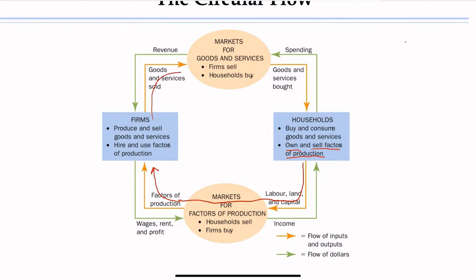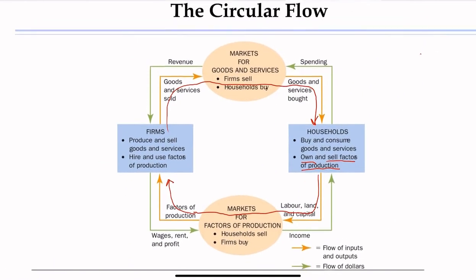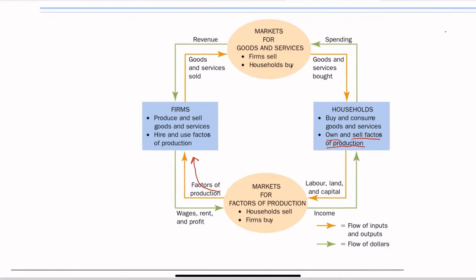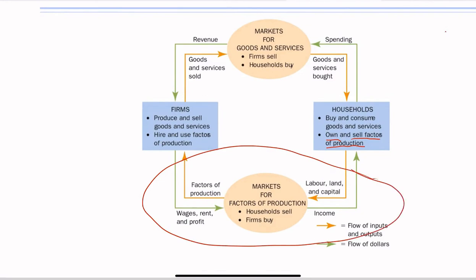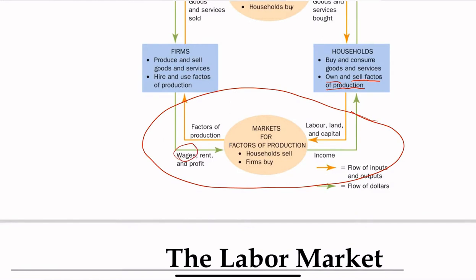So goods and services will flow out of the firms to the households. And today our focus is on this bottom part. We want to specifically understand how wages, rent, and profit, where a better word for profit is dividend, are determined in the market equilibrium.